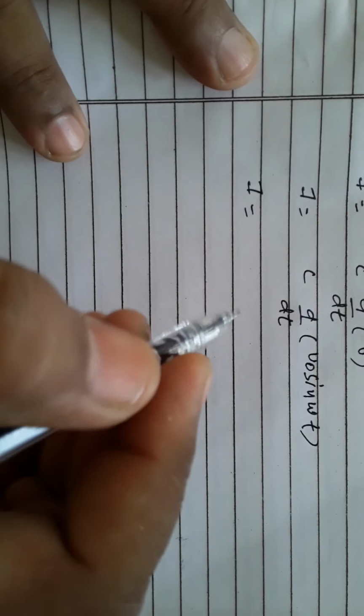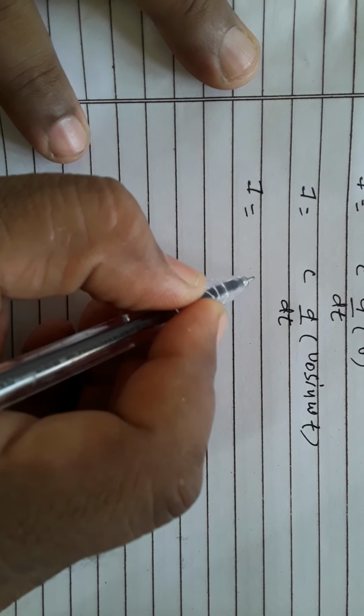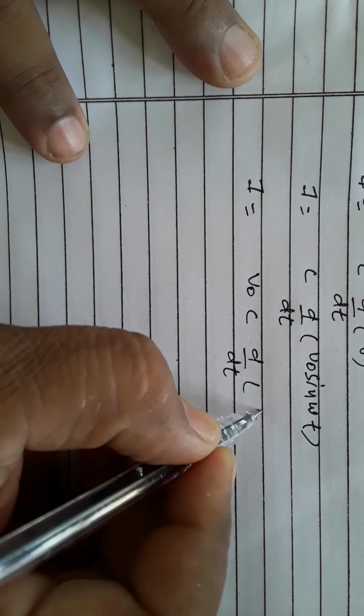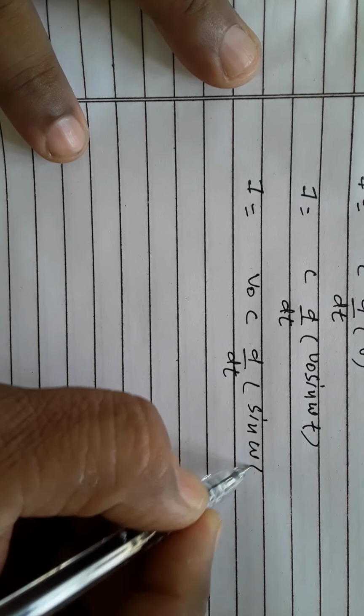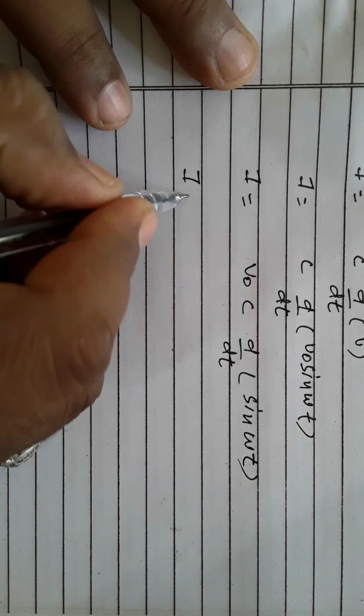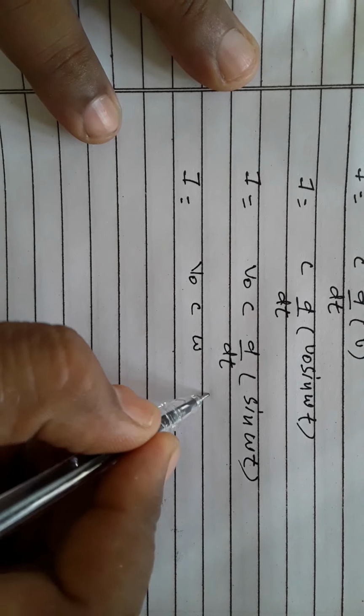I is equal to V naught C d by dt of sin omega t. Differentiation of sin omega t is equal to omega into cos omega t.